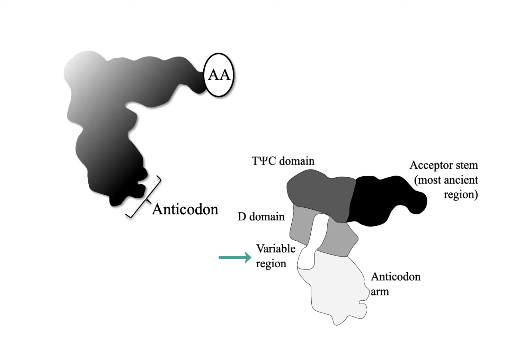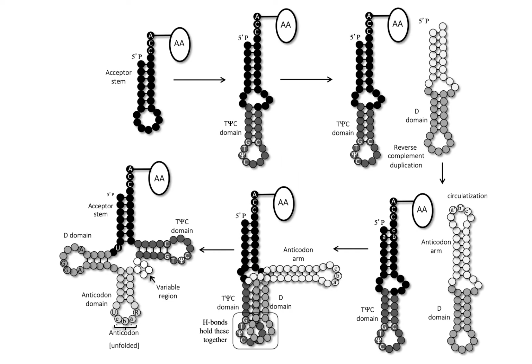So if you look at how this may have occurred, the first thing to appear actually was the CCA, but then after that you had an acceptor arm. Then a piece was added on, which became the T domain, or T pseudo UC domain.